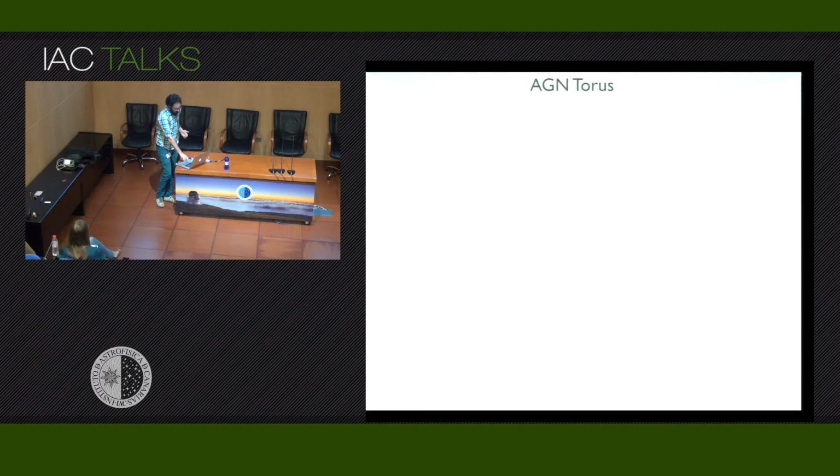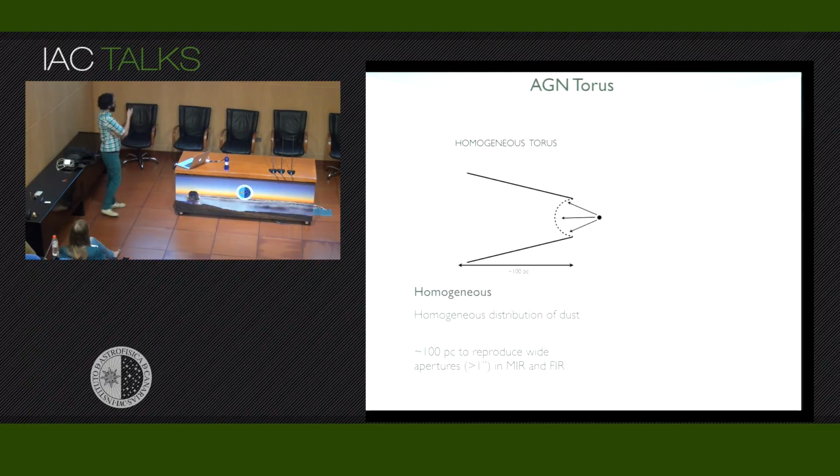modeled quite a while during the years of investigation of AGN. One of the models was a homogeneous torus, thought to be around 100 parsec, in order to reproduce wide apertures in the mid and far infrared. What we show here is the central engine, the black hole and accretion disk radiating.